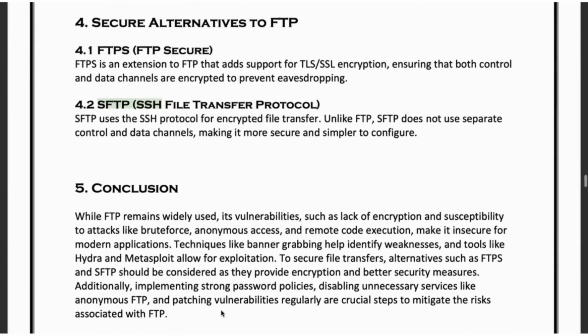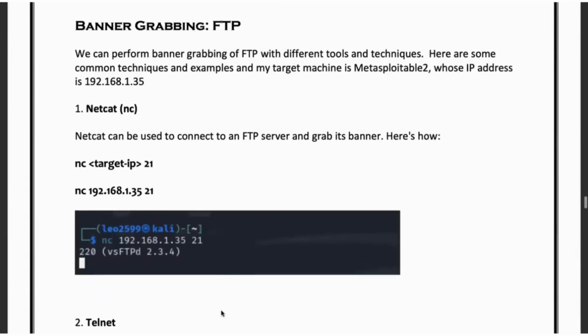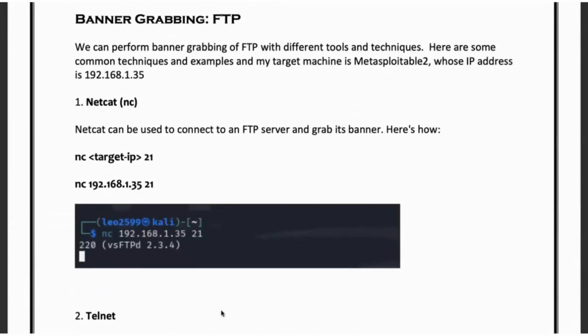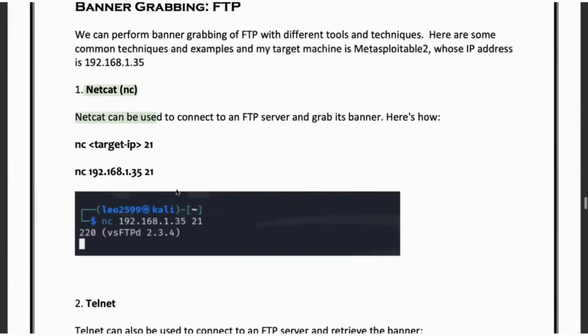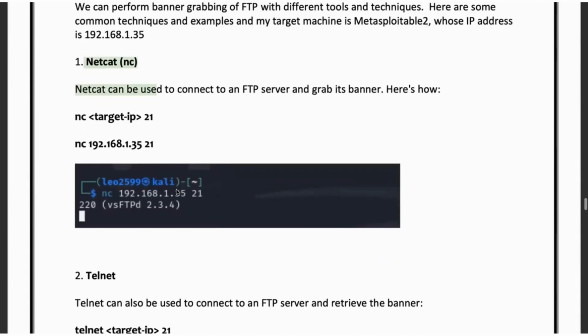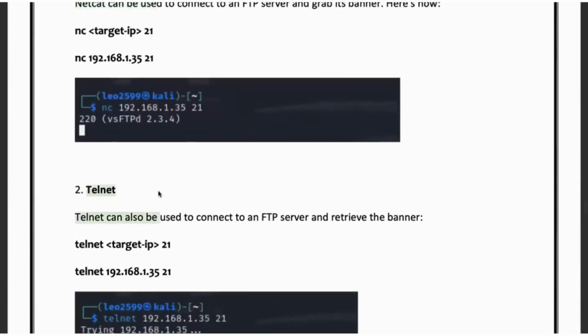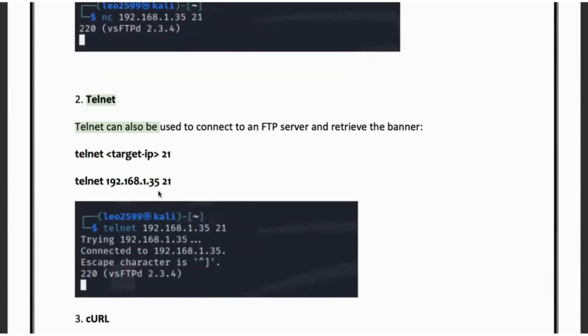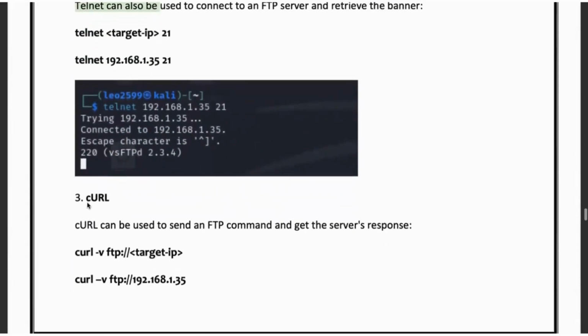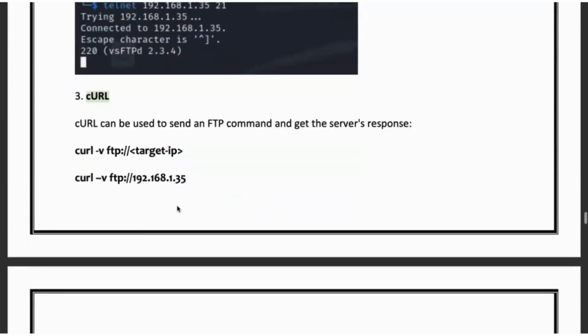So that's our FTP penetration testing, right? You can check one more time. First, we use banner grabbing using FTP. Netcat is used, and using Netcat, we check out the version of the FTP service that is running. Using Telnet, we identify the services and version. There is one more option. You can use curl also.